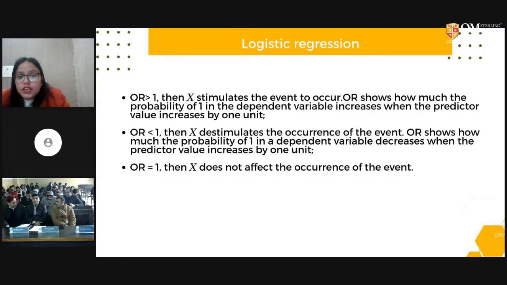If your odds ratio is less than 1, you can say that the probability of 1 in the dependent variable decreases when the predictor variable increases by 1 unit.